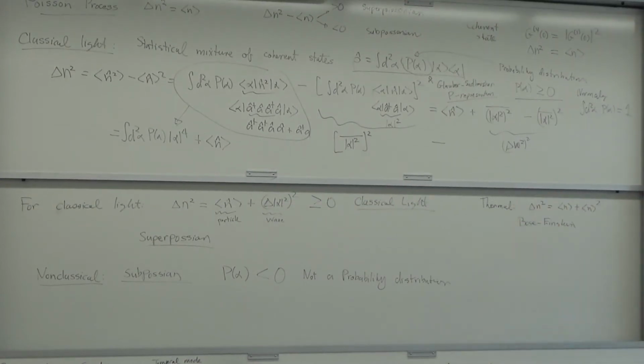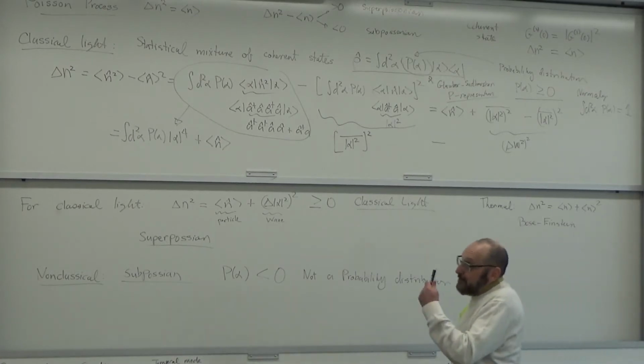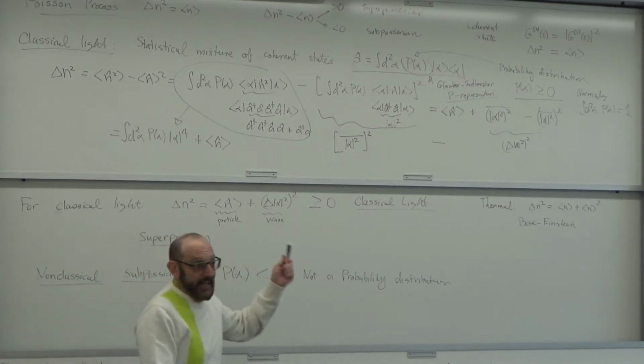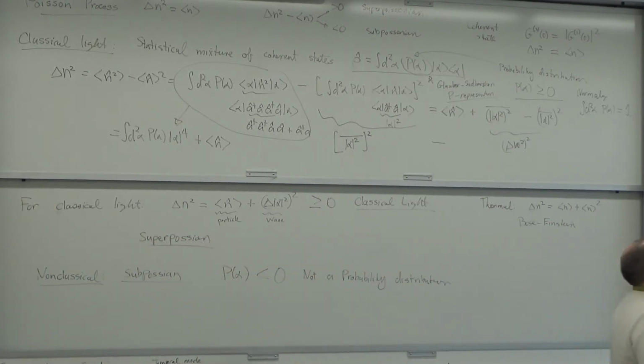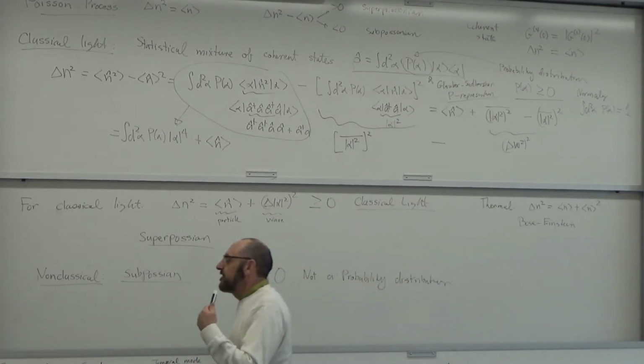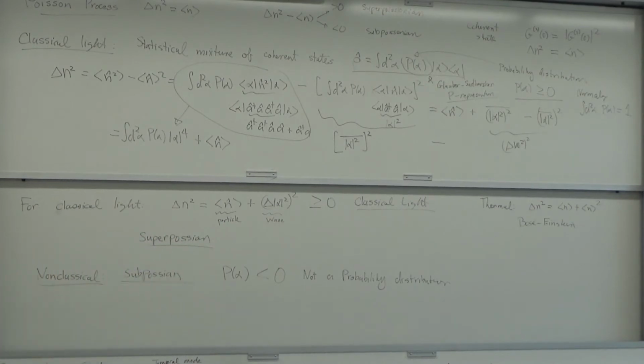And the P representation, we can always write it down, but it's not always an honest-to-God probability distribution. If it's an honest-to-God probability distribution, then we call that classical light. If it's got negative regions or is highly singular, we call it non-classical. And such light cannot arise from just classical currents.